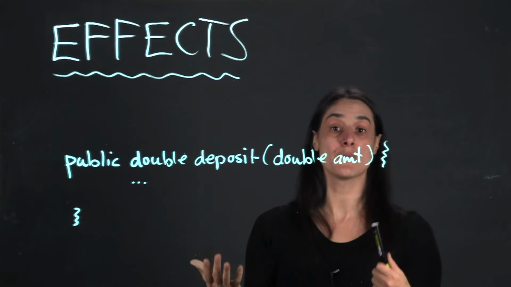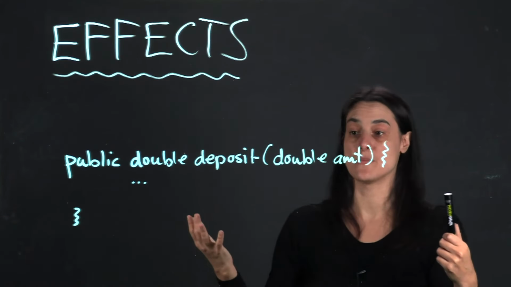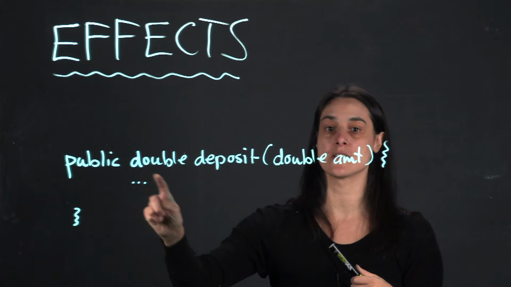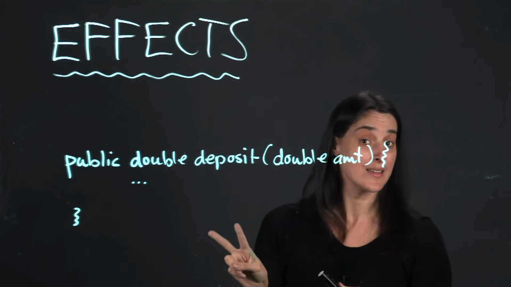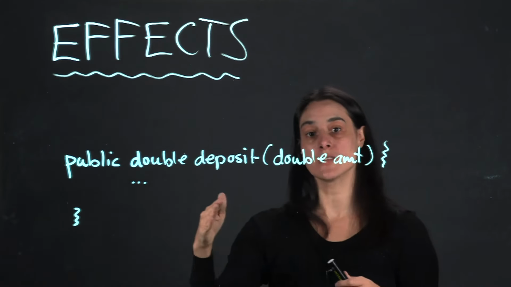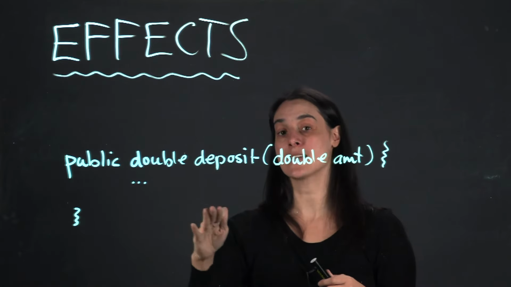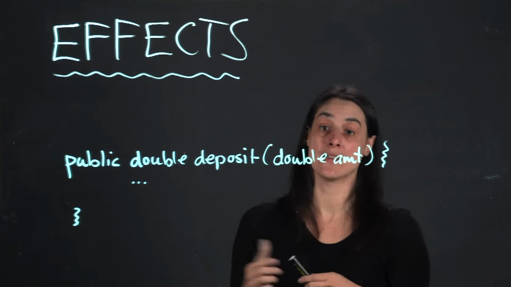So all we write in the effects clause is what the method basically does. And we remember that it does two things. First, it takes the amount and it adds it to the balance, and second, it returns the new balance.